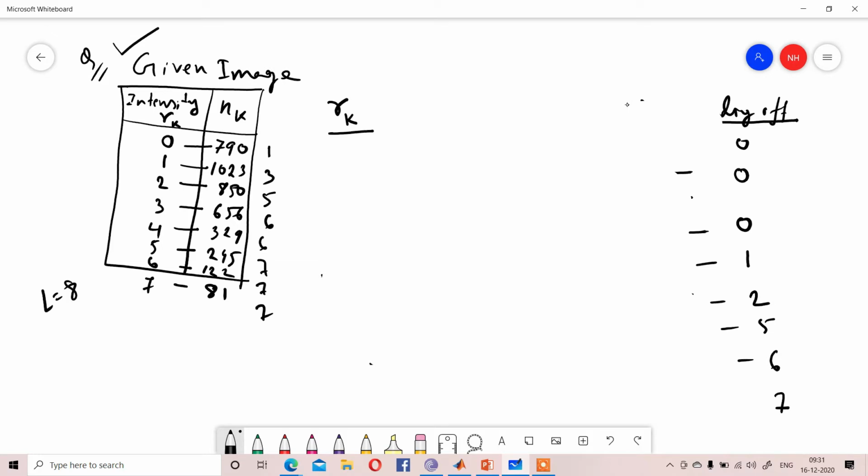Then the equalized gray level image. The next column defines the equalized target image, and the last column defines the output mapping.